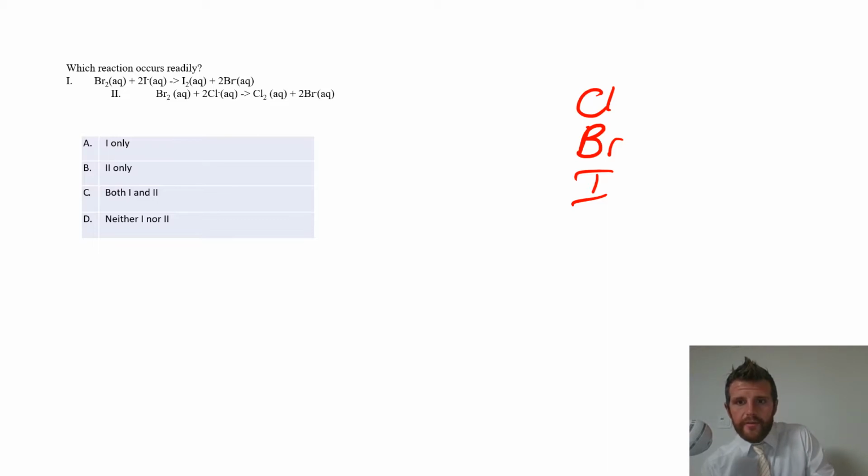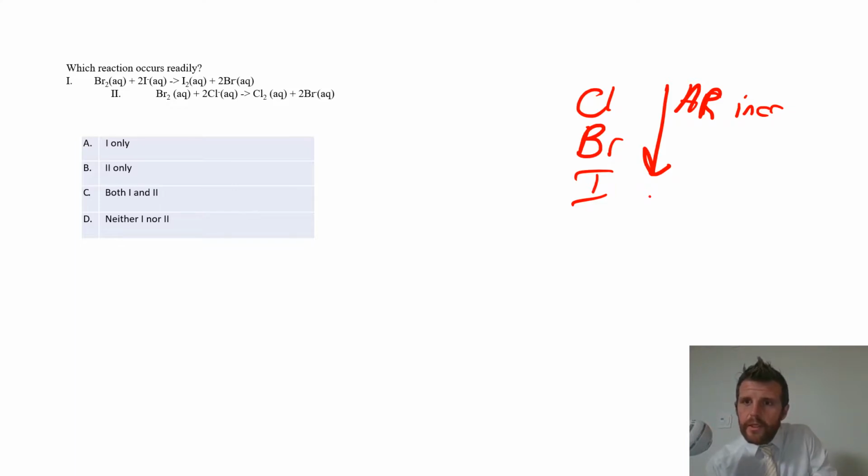So what I have is, as we go down, my atomic radius is increasing, which means everything else is decreasing as we go down. So we're talking electron affinity, electronegativity, ionization energy.